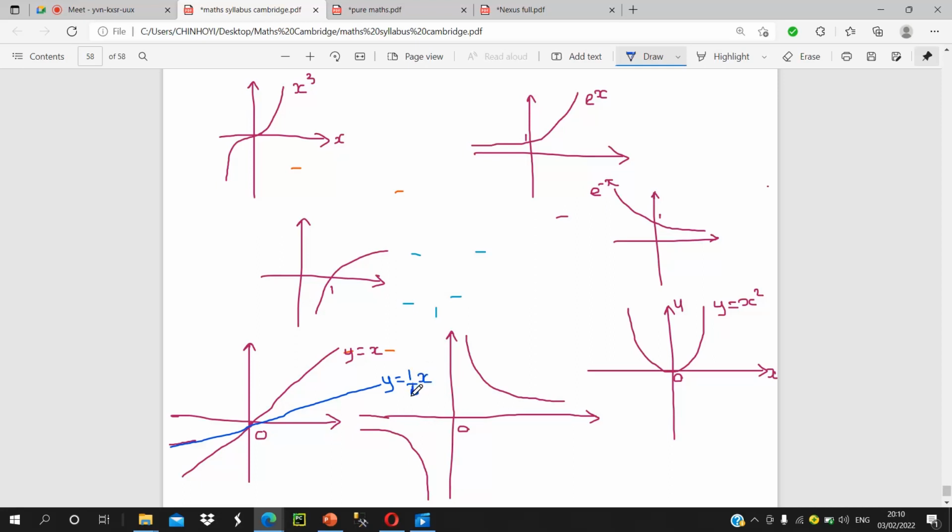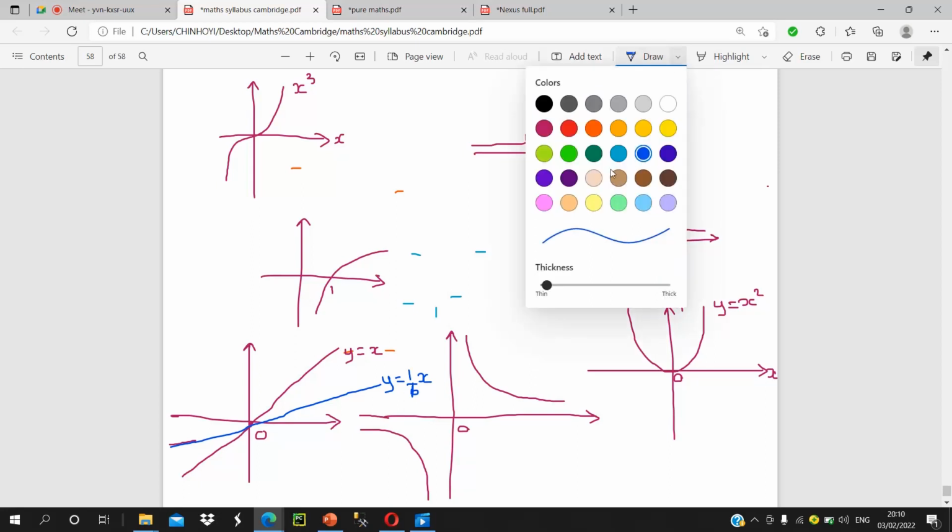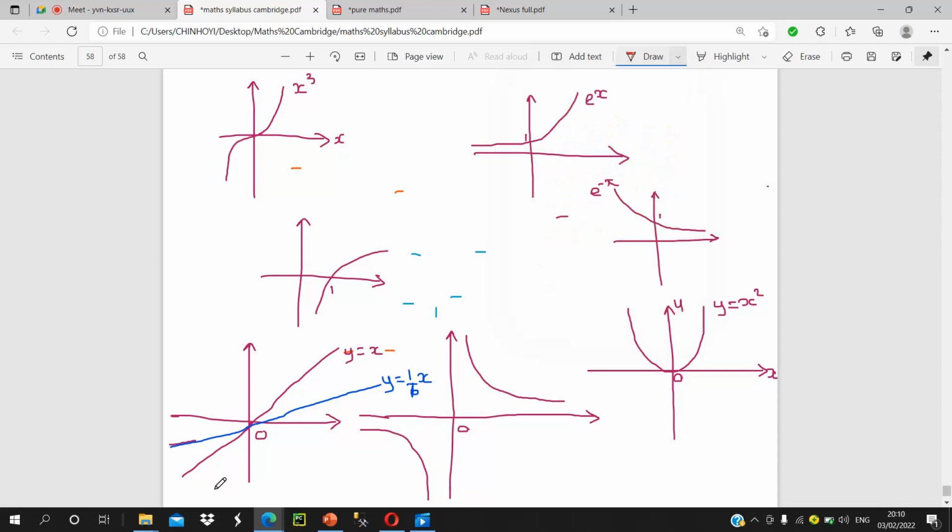Like in the case we have quarter. If the coefficient is a positive integer, again it will have the same shape, but the graph will be on top of the original graph of y equals x. Like this graph will be y equals bx. So we will be playing around with the shapes.